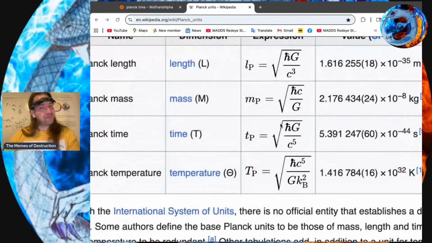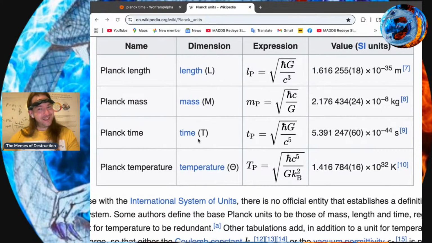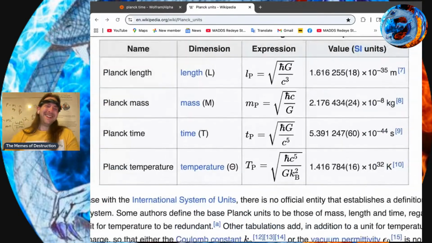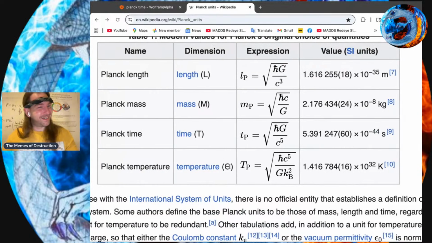So the Planck time, as far as we know, is a minimal unit of time. And again, I have a little argument here. I would say it should be small t, and you could use big T right there rather than one of the characters from Fall Guys or something like that. I know it's probably the symbol for degrees Celsius or something like that.